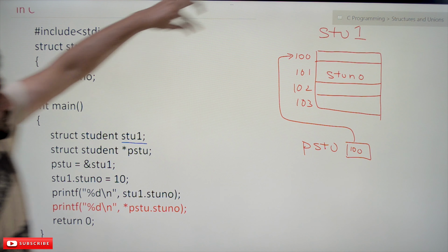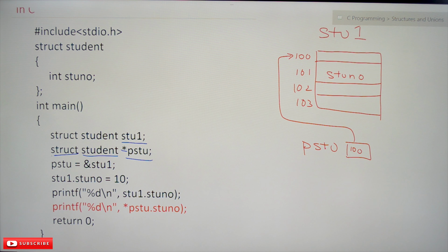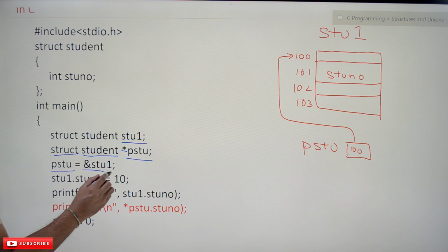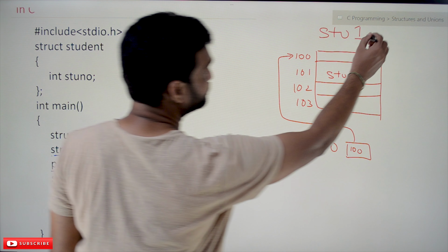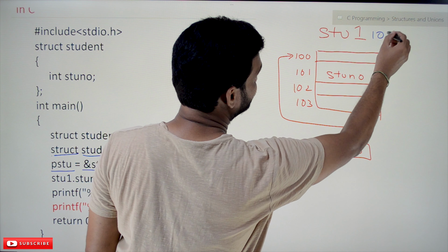Similarly, we have created a pointer to a structure. p2 is a pointer pointing to student, which is of type structure. This is the meaning of this declaration. Now we are trying to assign it: p2 is equal to ampersand stu1. The stu1 has an address of 100.